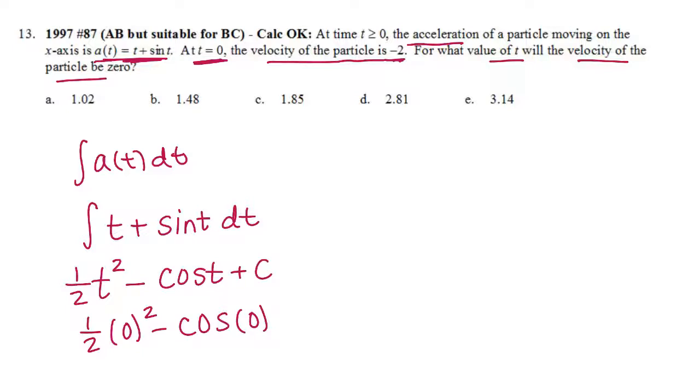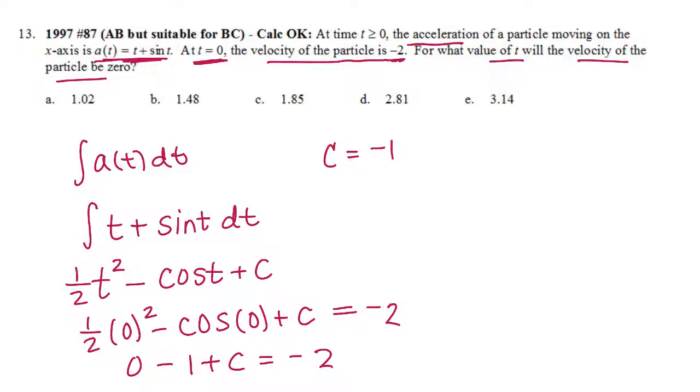Sorry, guys. And so plus c, and all of that should be equal to -2. And so here we're going to have 0 minus 1 plus c equals -2. So c is -1. Right?